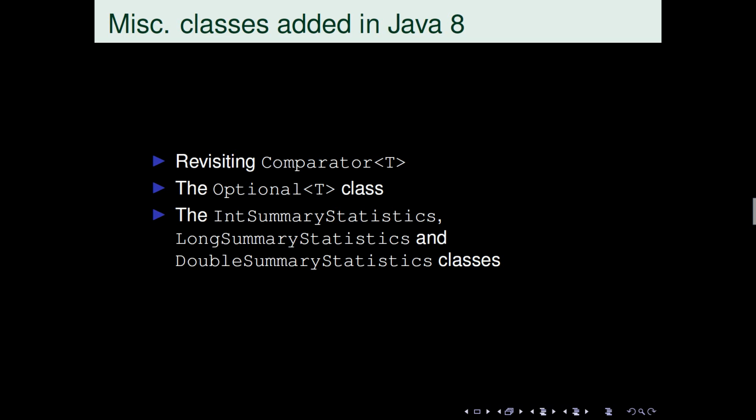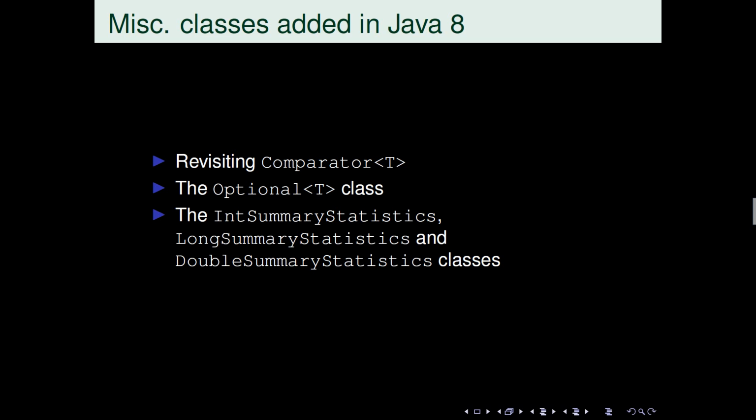Optional, using Optional. And then we have something called the summary statistics. As I said, for primitive types we mainly deal with int, long, and double. If you have int values and you want to get the statistics for a number of values, statistics will be like what is the count, the min, max, average, and sum.